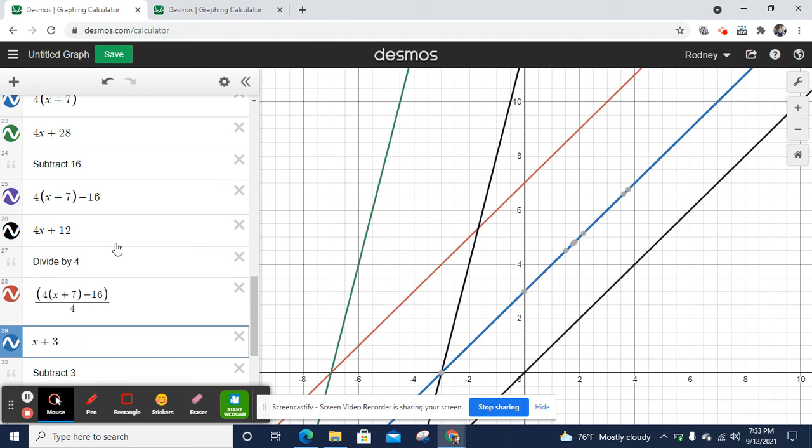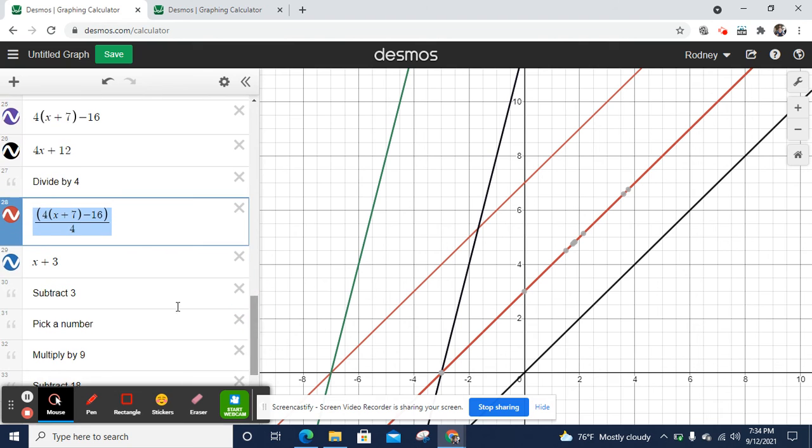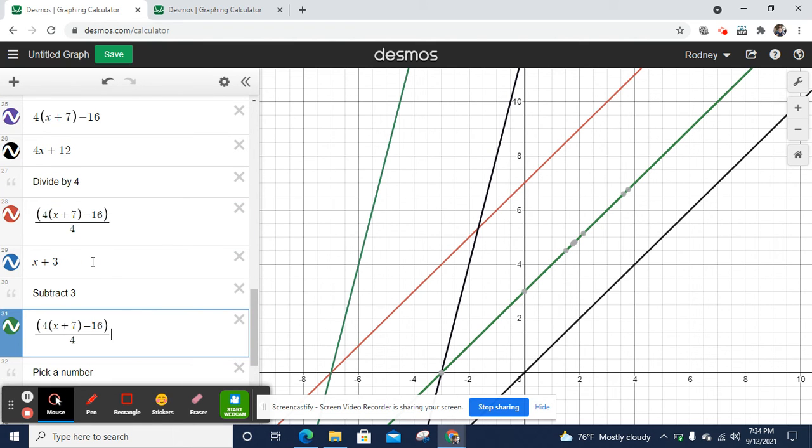And now we're going to subtract 3. So we'll do it the fancy way, and subtract 3. And you might notice now that that's this line. I'm not sure why it does all of this stuff here, but it does.